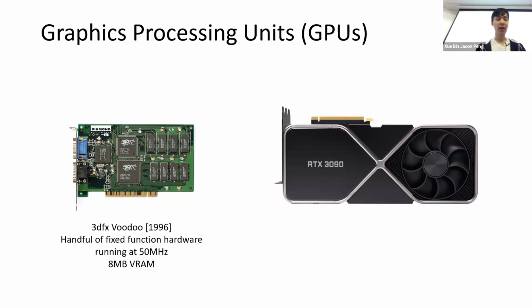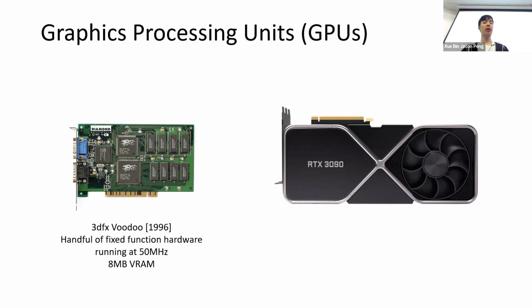On the left, we have an example of one of the first GPUs that was ever created, the 3dfx Voodoo, all the way back in 1996. These early versions of GPUs are very specialized computer chips that are designed with circuits specifically dedicated to performing computer graphics operations.